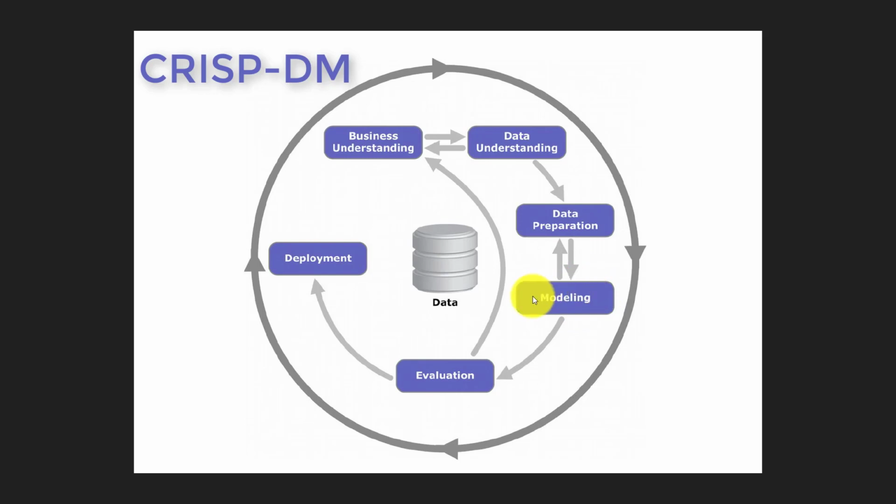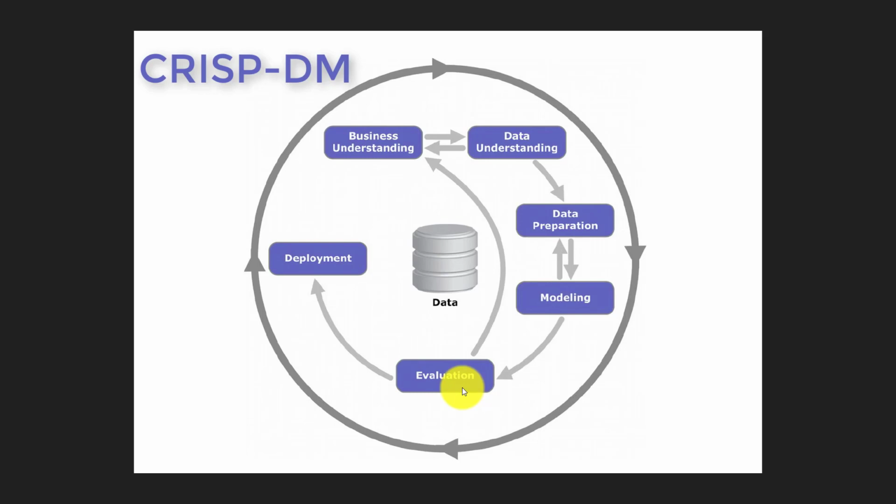Now, once we have our model all set, then we're going to go down and evaluate that model. We're evaluating the model to see if that model is actually representing our business understanding and our data understanding, and that the model makes sense, and it's complete, and it actually answers the questions that we set out to answer.